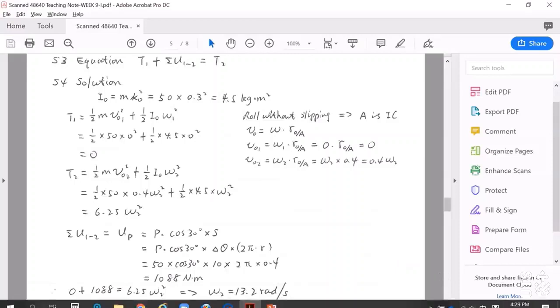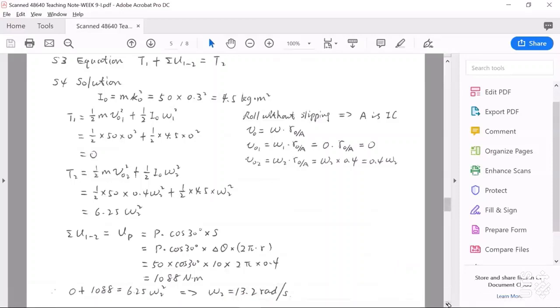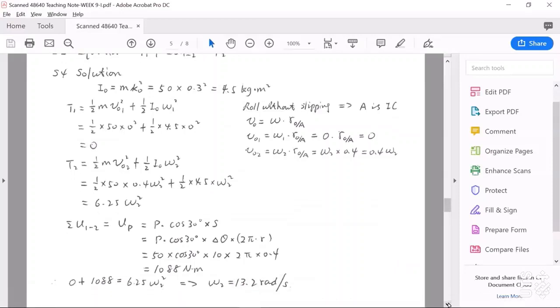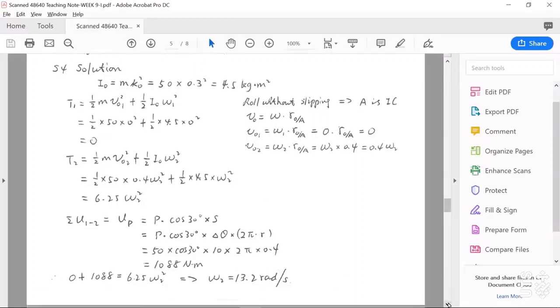Okay, substitute T1, T2, and the total work done by external force into the equation. With only one unknown parameter, omega-2, this can be worked out. It's 13.2 radians per second.